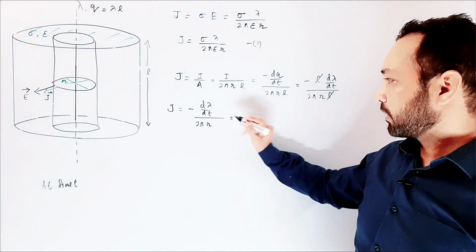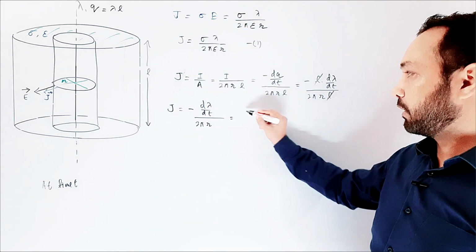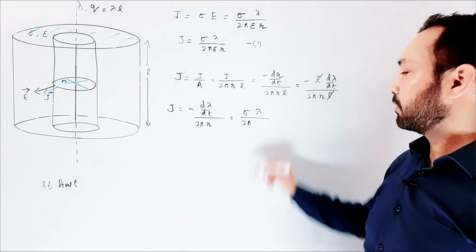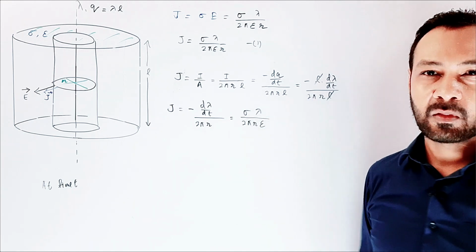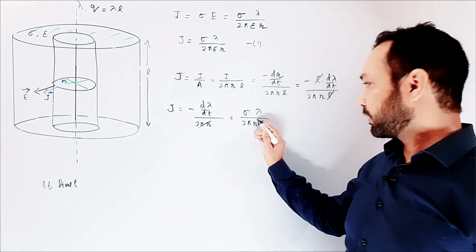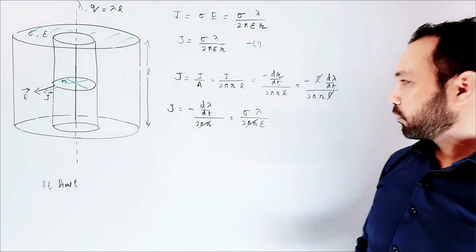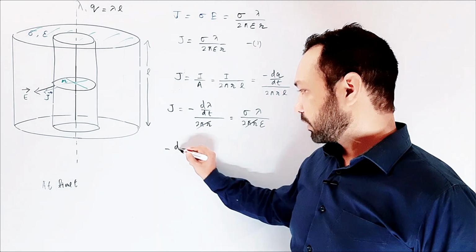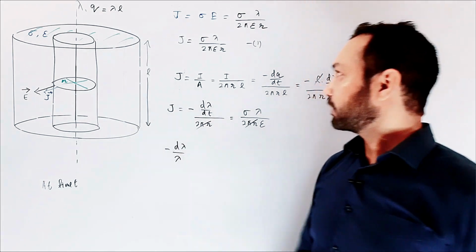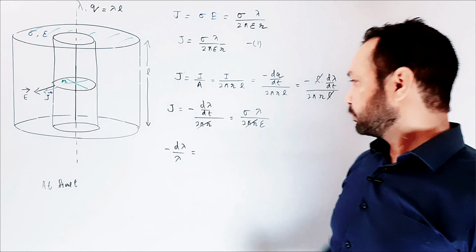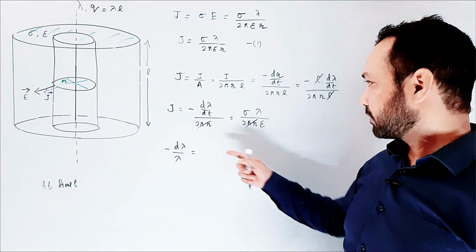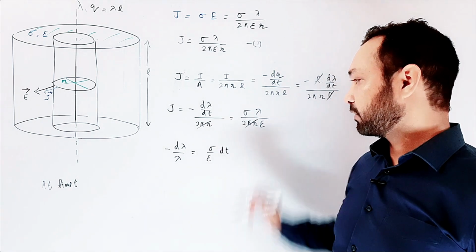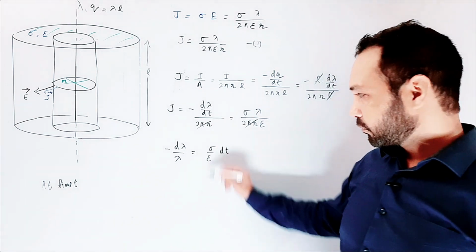That's it. And let me equate this to this, because this is also J. So if I equate this J to this J, I'll get sigma lambda divided by 2 pi r epsilon. This 2 pi r and this 2 pi r will get cancelled, and now I have a linear differential equation in lambda and t. So what I will get, minus d lambda by lambda is equal to, only thing remaining is sigma by epsilon, and this dt will come here, and let me integrate with suitable limits.